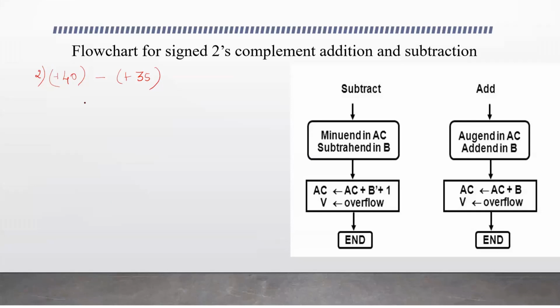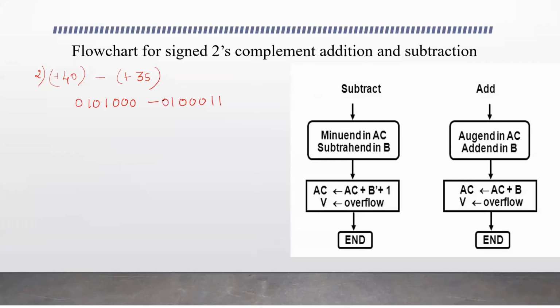We wrote 40 as 101000, and plus 35 is 100011, and the sign bit is 0 here.